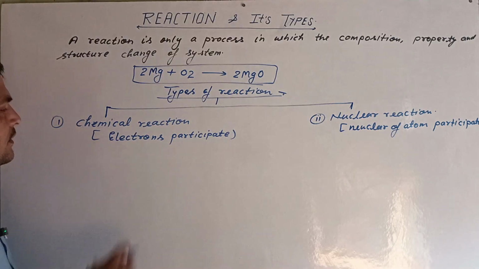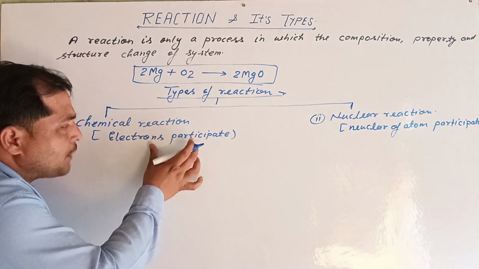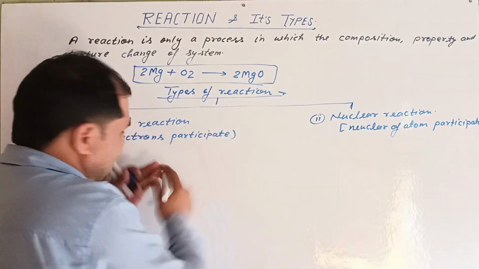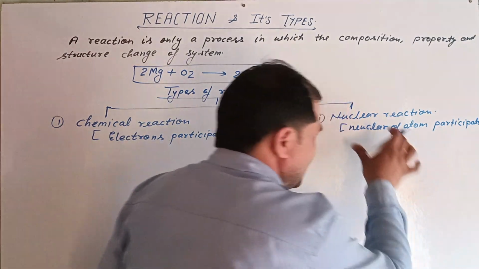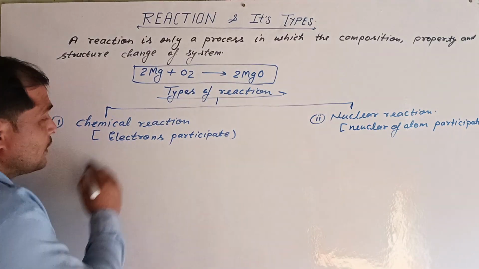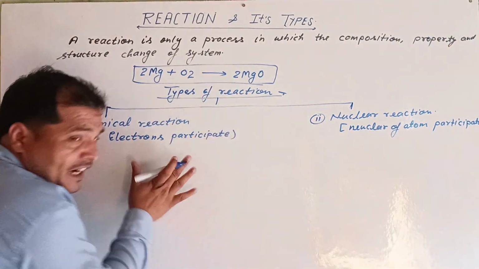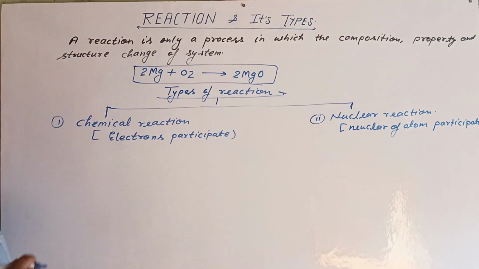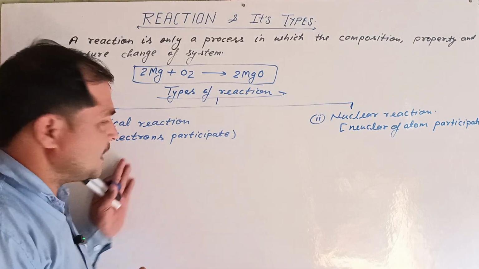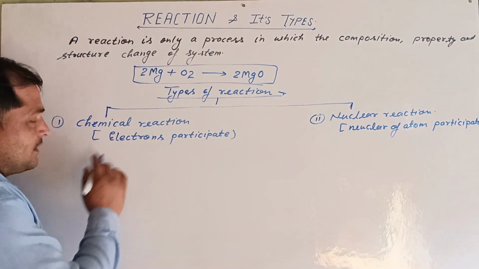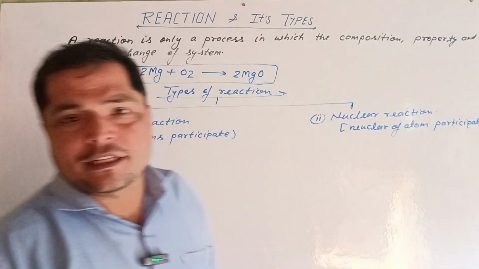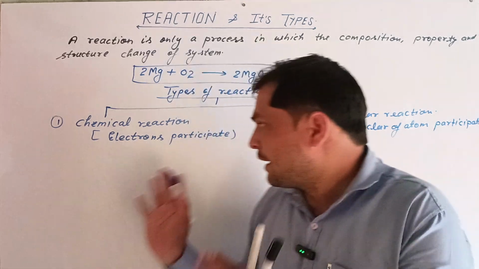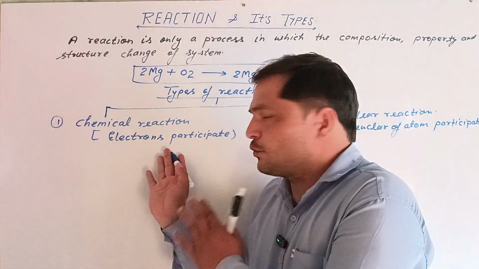In chemical reactions, the electrons of atoms participate, and in nuclear reactions, the nucleus of the atom participates in the reaction. A chemical reaction is one in which only electrons of the atom participate in the reaction.